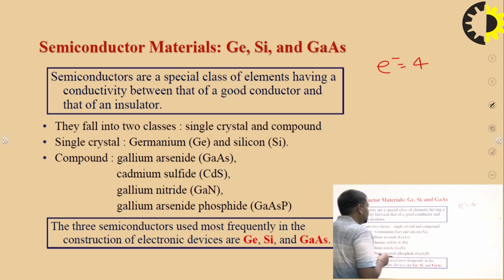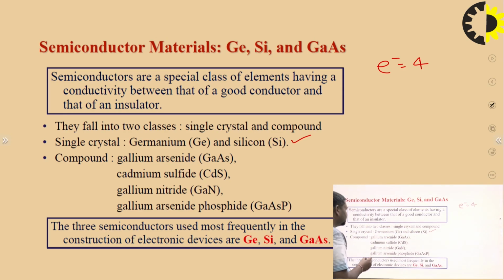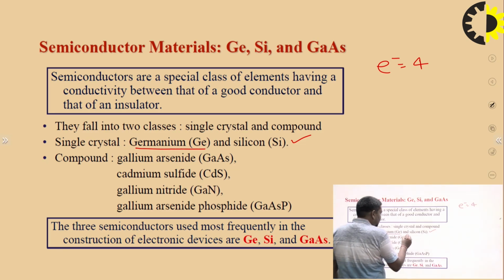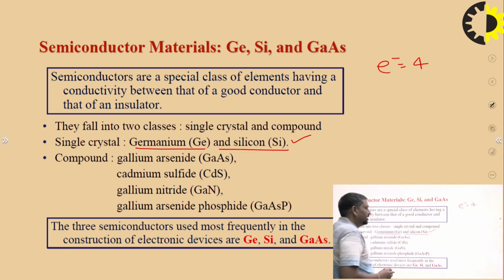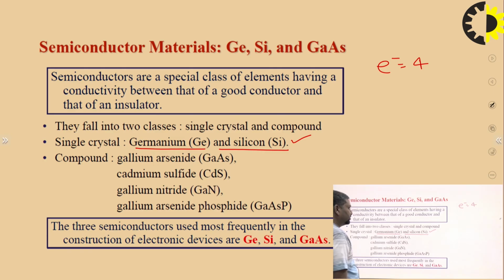Semiconductors are of two types: single crystal semiconductors or compound structure semiconductors. Single crystal semiconductors are germanium and silicon, whose valency is 4. What is the meaning of valency 4? That means the last orbit electrons number 4.